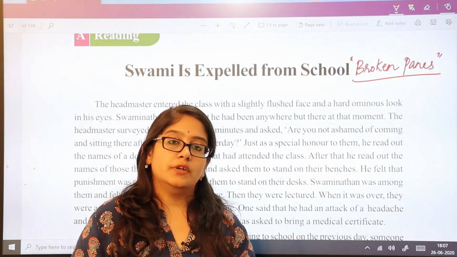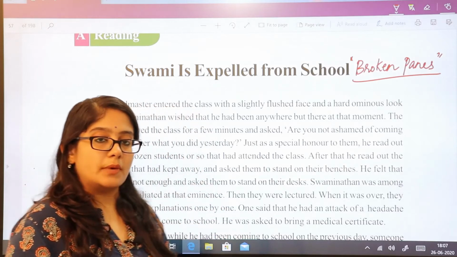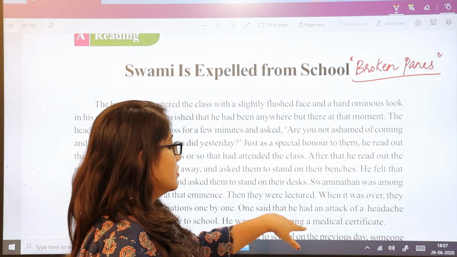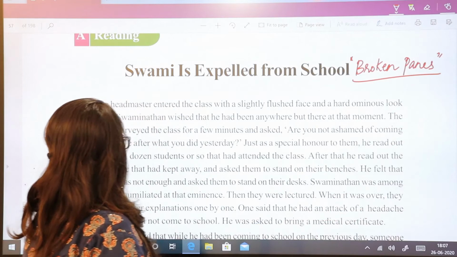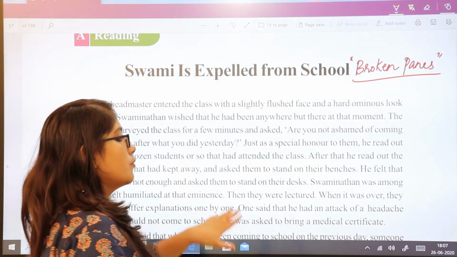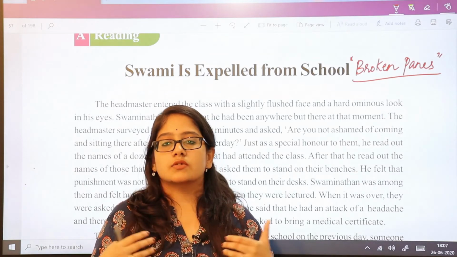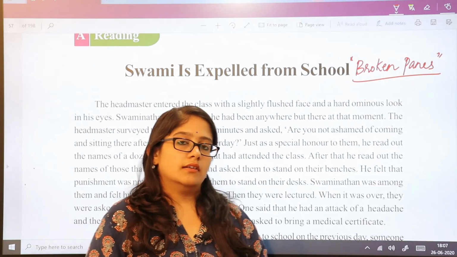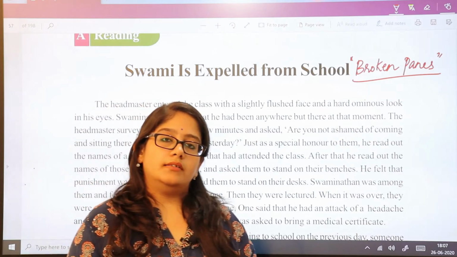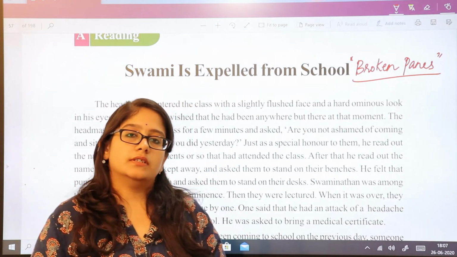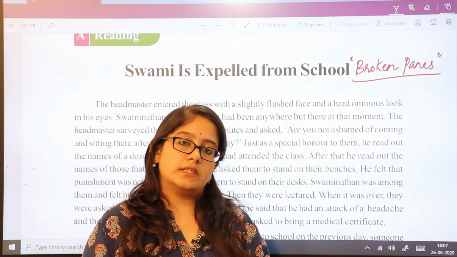So this punishment was quite embarrassing for Swaminathan. Then they were lectured. When it was over, they were asked to offer explanations one by one. Then what happened? They were lectured. The headmaster scolded. He shouted and he asked them the reason for not being present the previous day.